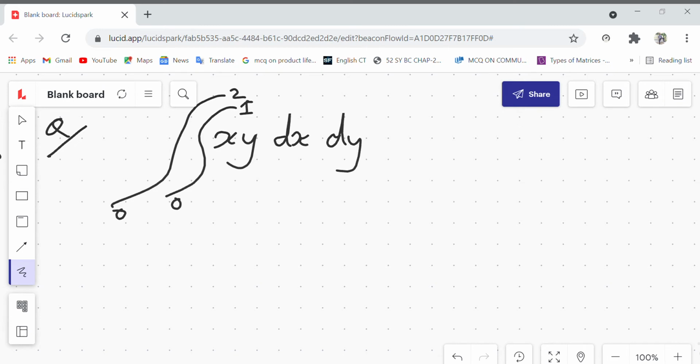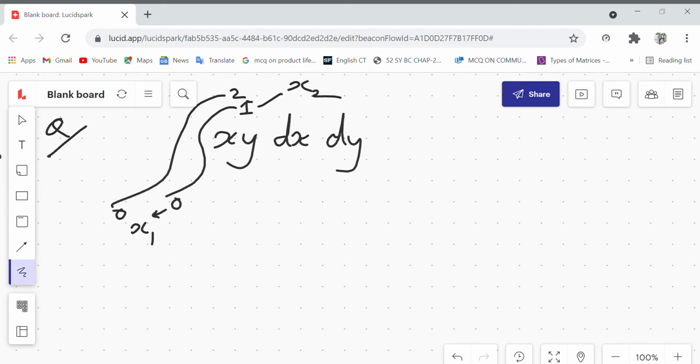First we have to see 0 to 1. Then after completing this integration we have to go for 0 to 2. So what we will do? First 0 to 1. Consider this as x1. Consider this as x2.